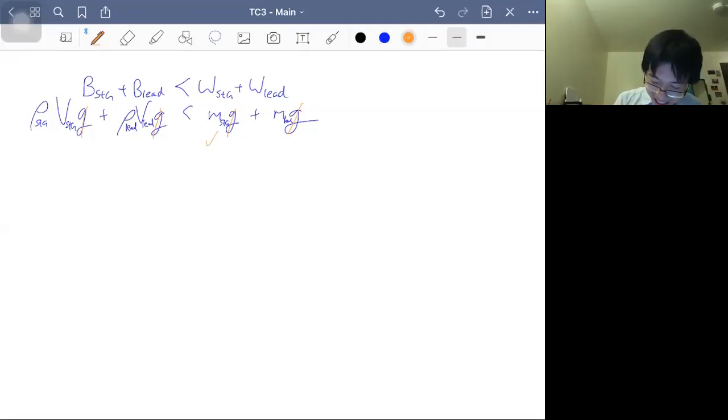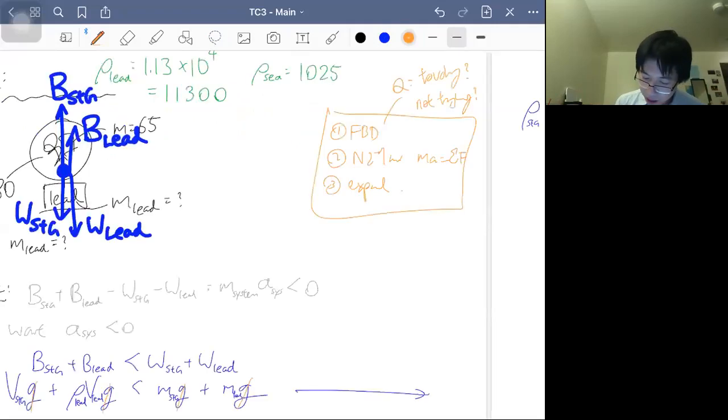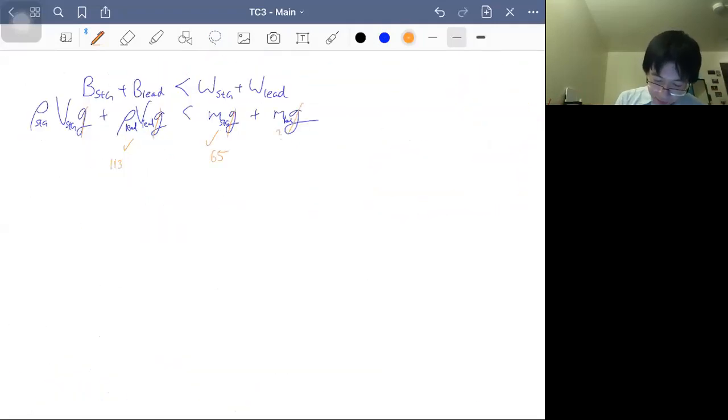Yes, I know this. This is 65. No, I don't know this. In fact, that was the goal, to find the mass that actually helps me sink. Yes, I know the density of lead, which is 11300. Density of S plus G, I don't actually know that.